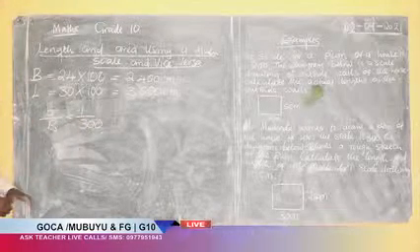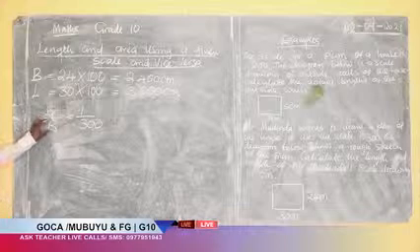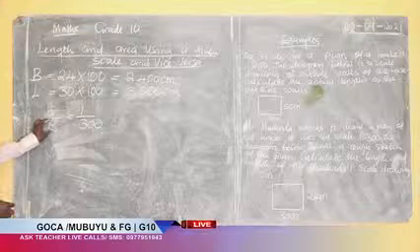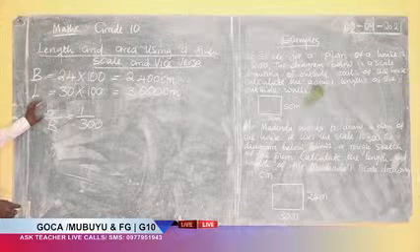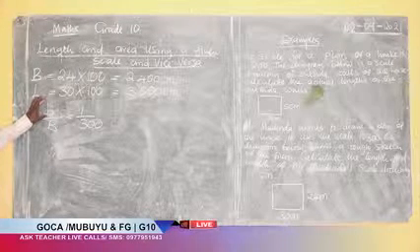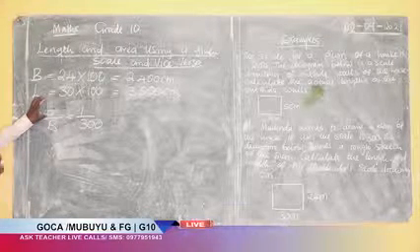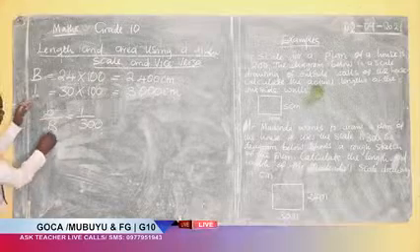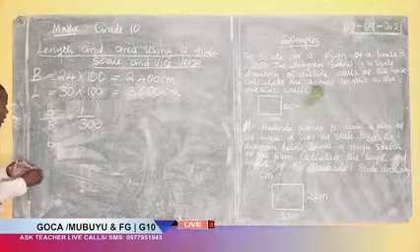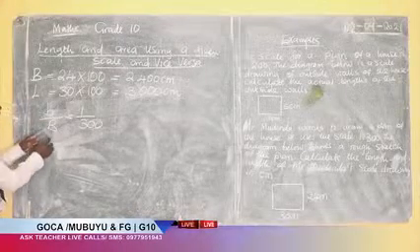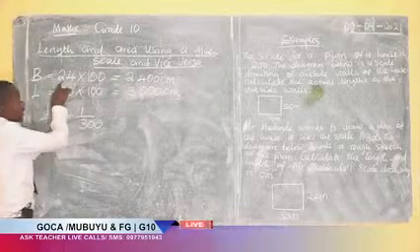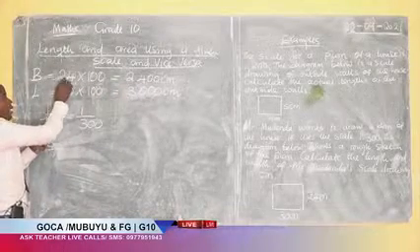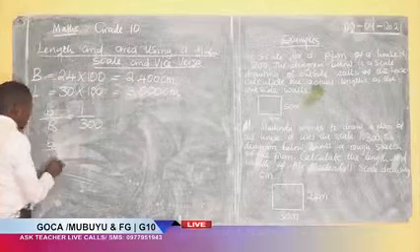So here we have the actual breadth, which is 2,400. And we have been asked to find the scale drawing. So we shall say, scale drawing over this one, which is 2,400. We shall not write the units because we have converted this part to this part.